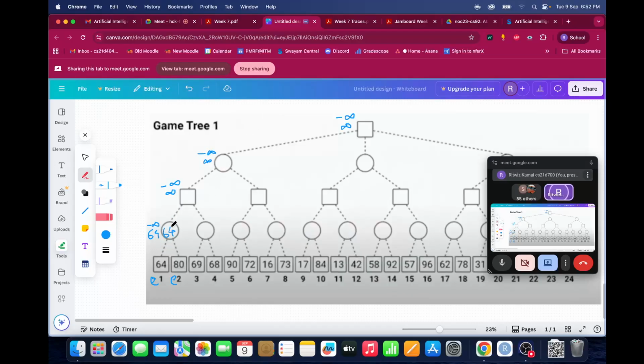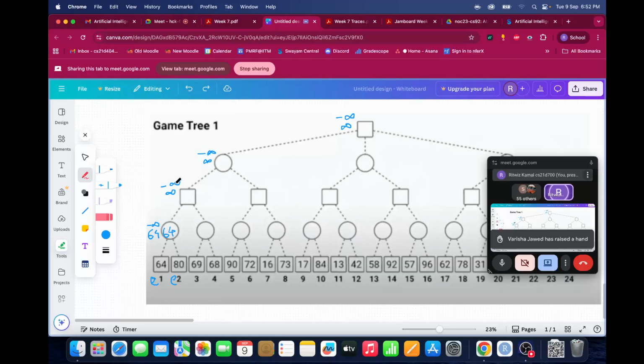Okay. Now that this min node is filled with value 64, this will return 64 to its parent node, this one. And which value, alpha or beta, will get updated? Alpha value, right?